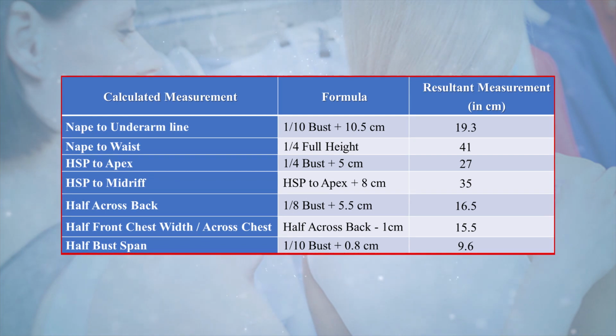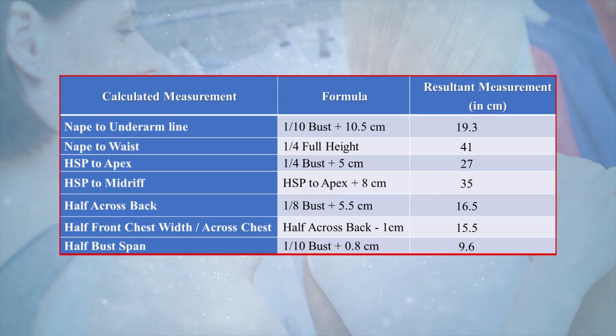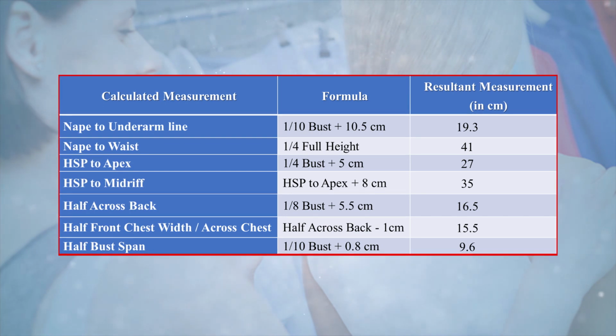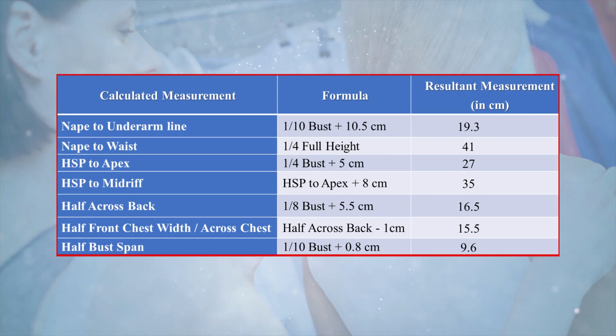So we have different formulas for the different calculated measurements or landmarks we use. For nape to underarm line, we use 1/10 of the bust plus 10.5 centimeters. Then for nape to waist, we use 1/4 of full height.